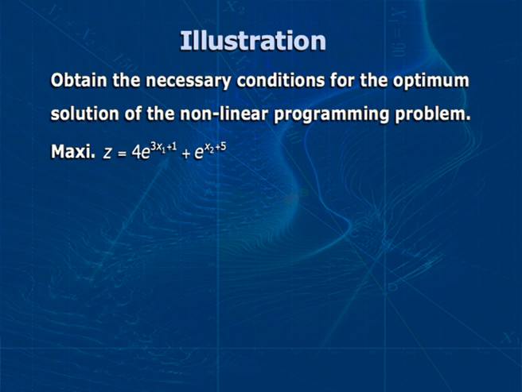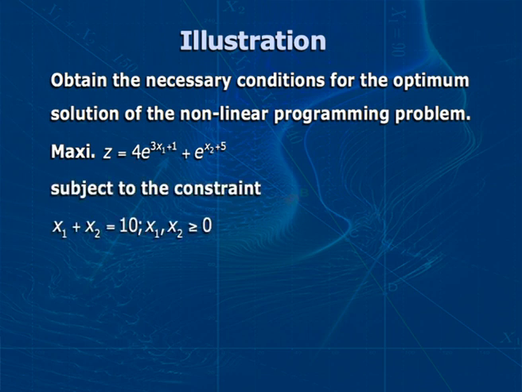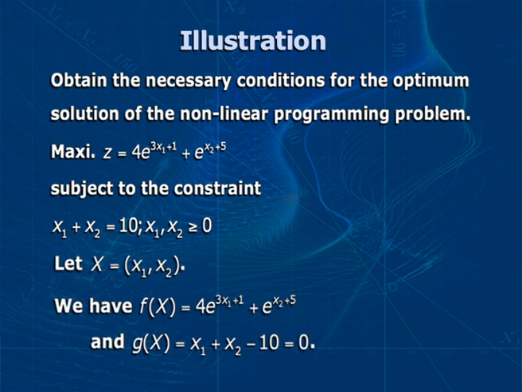Maximize z = 4e^(3x1+1) + e^(x2+5) subject to the constraint x1 + x2 = 10. Let x = (x1, x2), where f(x) = 4e^(3x1+1) + e^(x2+5) and g(x) = x1 + x2 − 10 = 0.